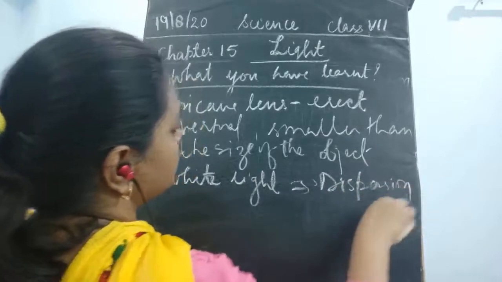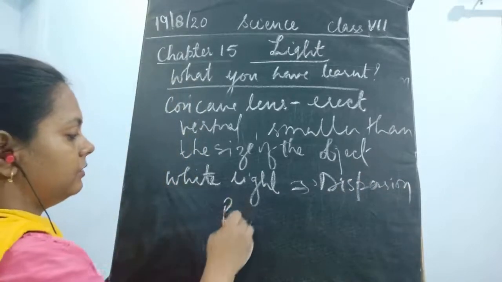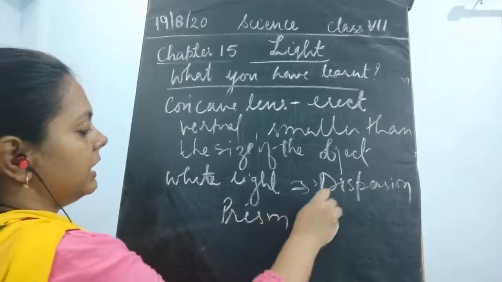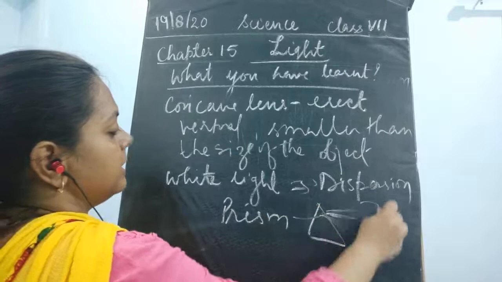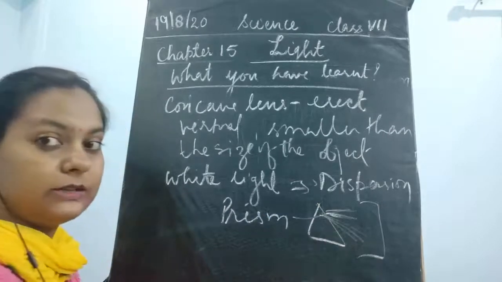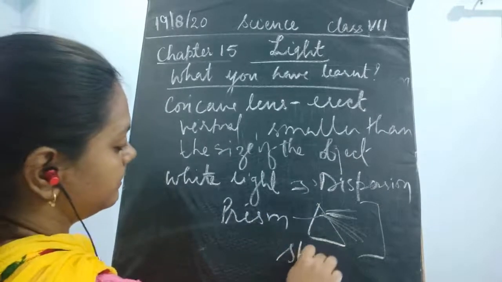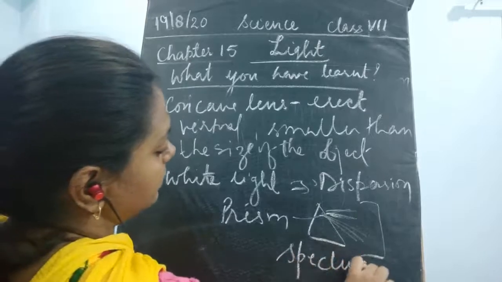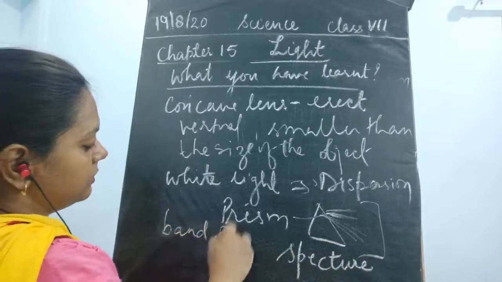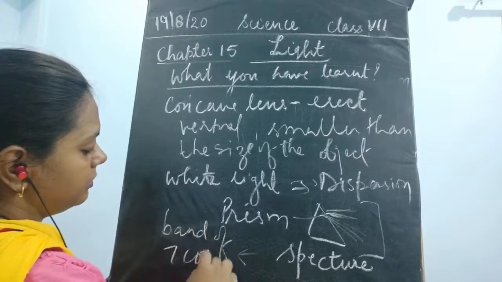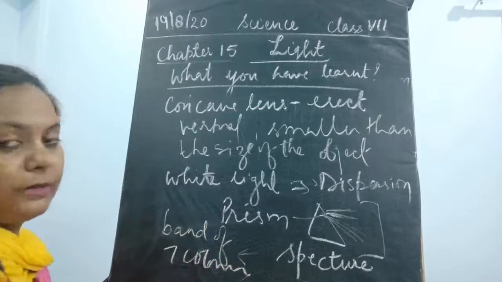Dispersion is very easily seen with the help of a prism, where one light ray enters and breaks down into 7 rainbow colors, and this is known as the spectrum. Please remember what a spectrum is. Spectrum is the band of 7 rainbow colors obtained after dispersion.